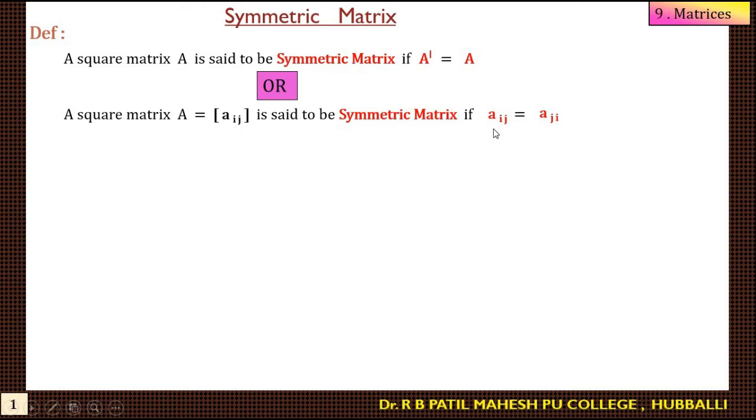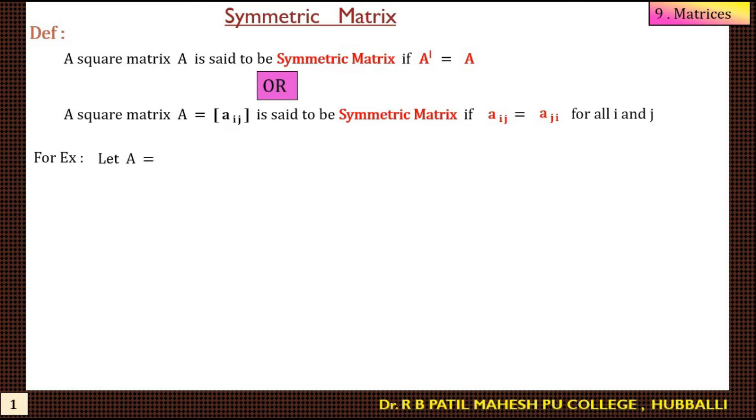That means the a12 position and a21 position elements should be the same, and the a23 position and a32 position too. So if position wise the elements are equal, then when you find the transpose, you will get the same matrix.